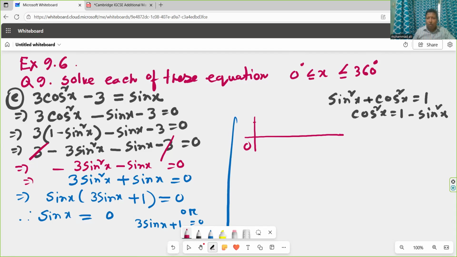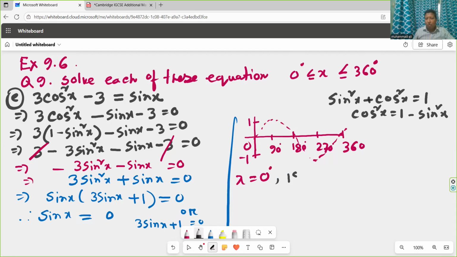So 0, this is 1, this is minus 1, 90 degrees, 180, 270 degrees, and 360 degrees. So the sine graph will be like this. From this graph, we observe that sine x equals 0 when x equals 0 degrees, 180 degrees, and 360 degrees.